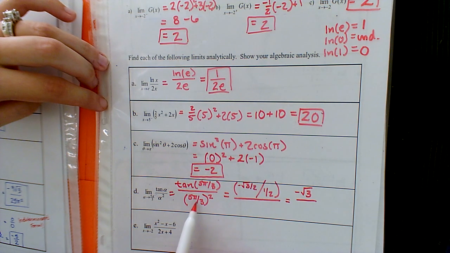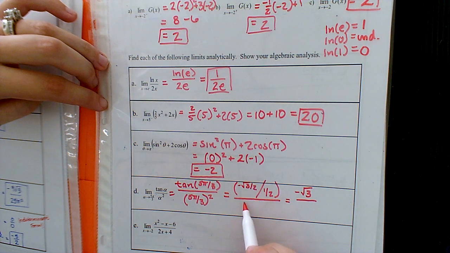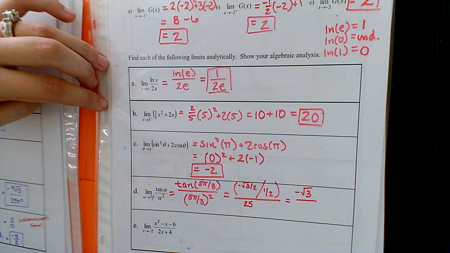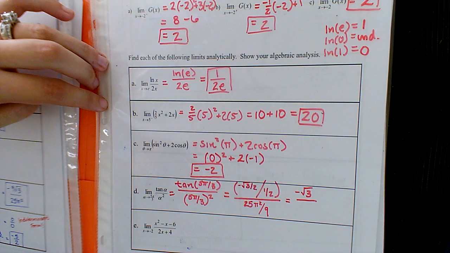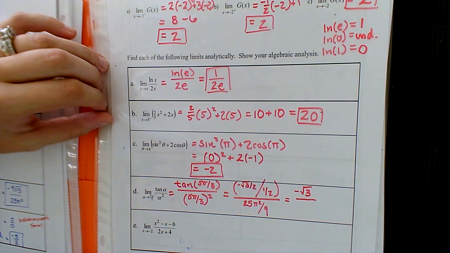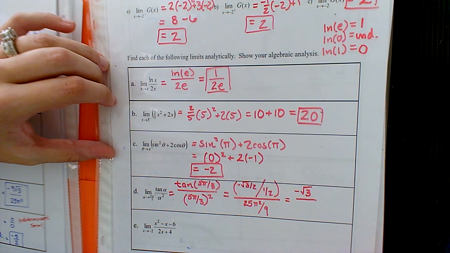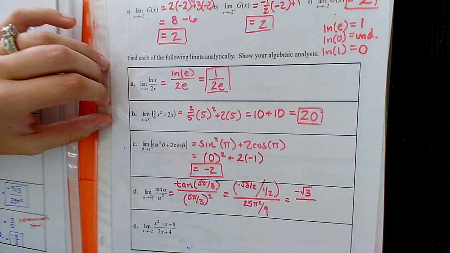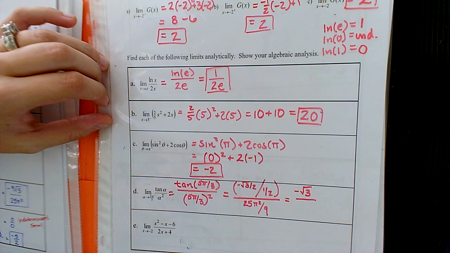Alright, now in the bottom, we have to square 5 pi over 3, so we have to square both the top of that fraction and the bottom. If we square 5, we'll get 25. If we square pi, we get pi squared. And if we square 3, we get 9. We're doing okay? So right now, we essentially have negative square root of 3 over this fraction.